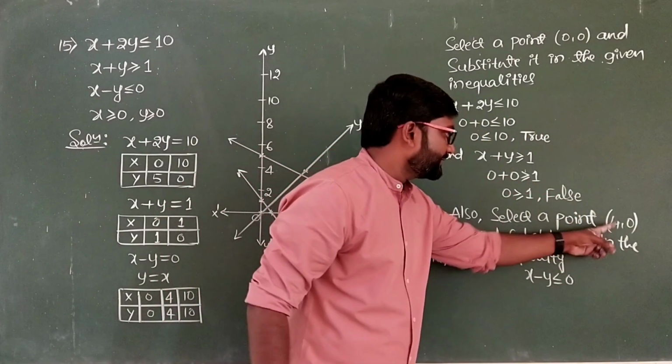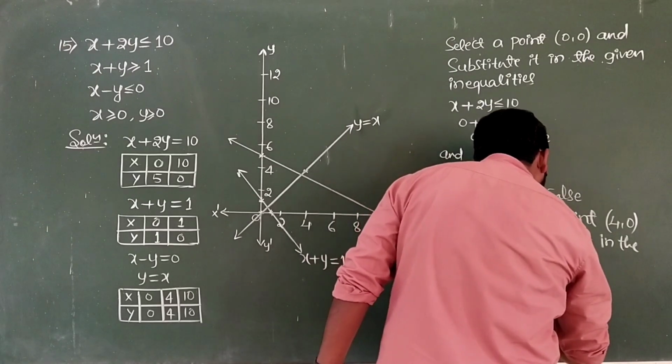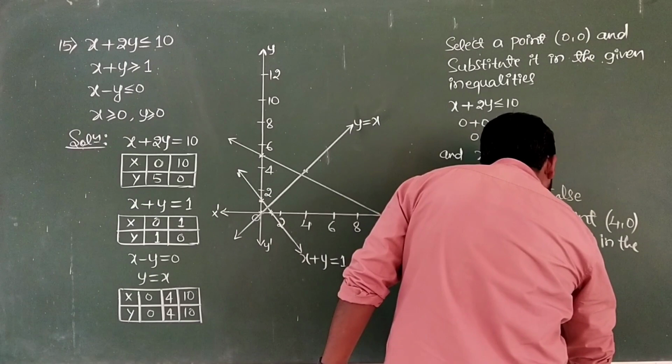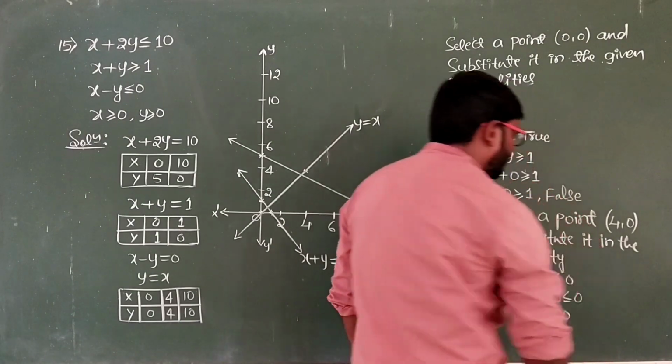What is the value of x? It is 4. So we have 4 minus 0 less than or equal to 0. 4 minus 0, it is 4. 4 less than or equal to 0, or 0 greater than 4, which is false.